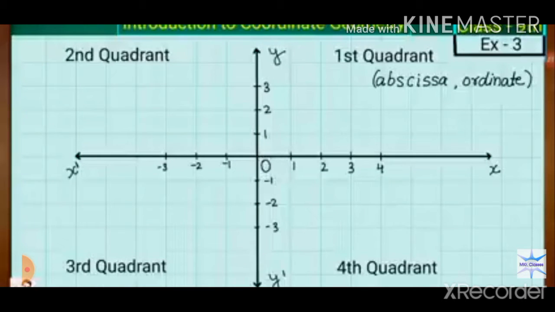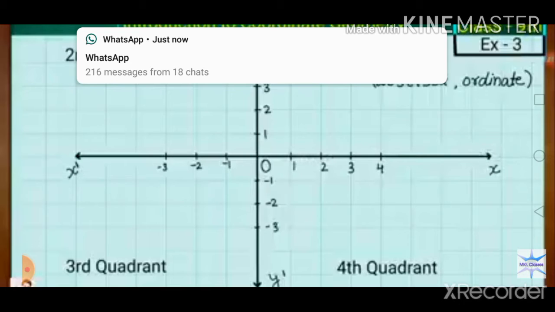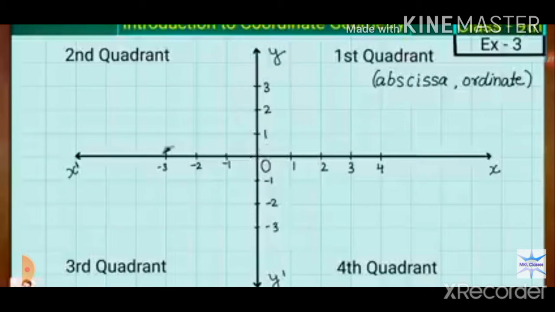Now you see, on the right side of O on the x-axis, positive values are there, 1, 2, 3, 4 and so on. Similarly, on the left side of O, negative values are there, that is -1, -2, -3 and so on. On the upside of the y-axis, positive values, that is 1, 2, 3, and on the downside it is -1, -2, -3 and so on.